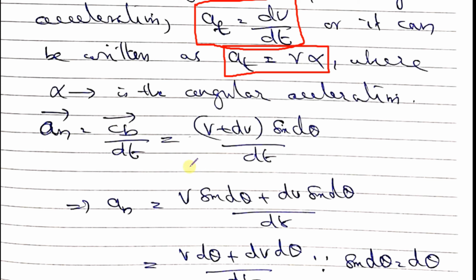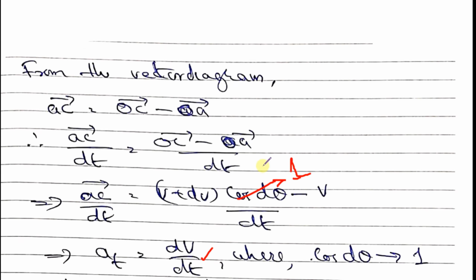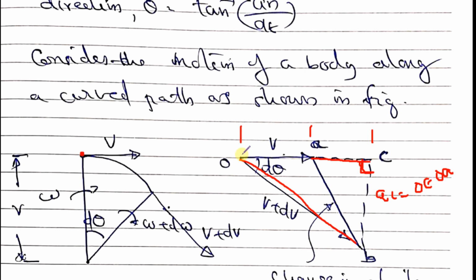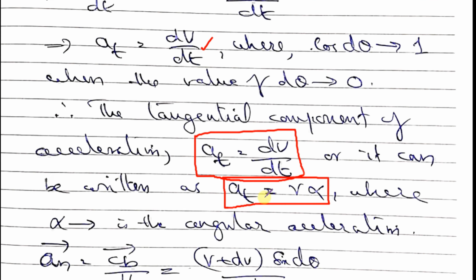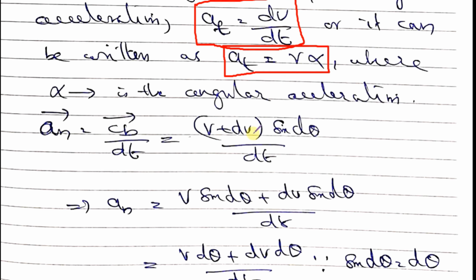What is CB from the vector diagram? CB is the sine component of V plus dV, so it is V plus dV sine d theta. So AN is V plus dV sine d theta by dt.